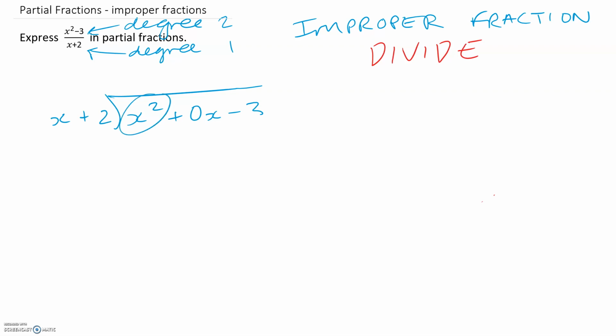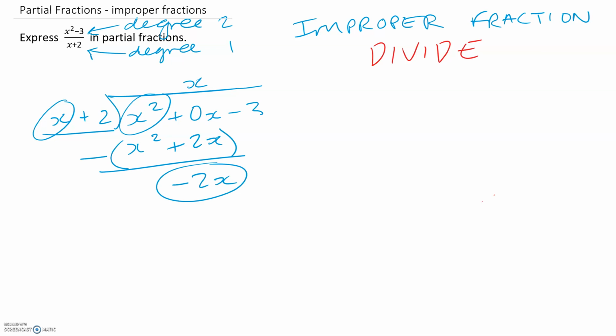So if we do x squared divided by x, that's going to give us x. Then we multiply x by x plus 2, x squared plus 2x, and subtract. Now we do minus 2x divided by x, and that will give us minus 2.